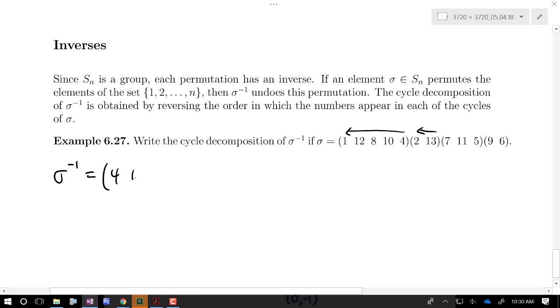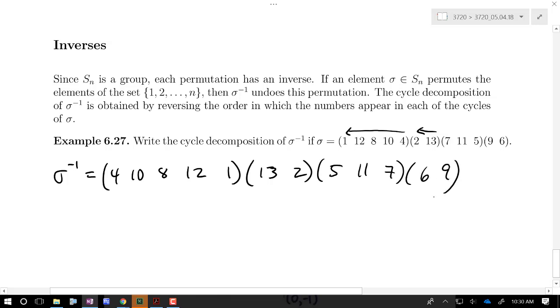So 4, 10, 8, 12, 1, 13, 2, 5, 11, 7, 6, 9.